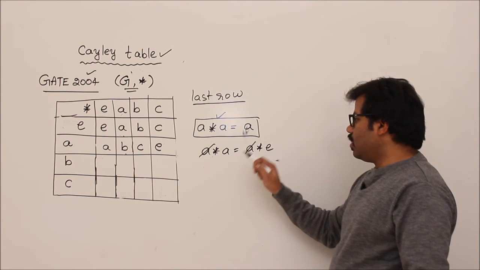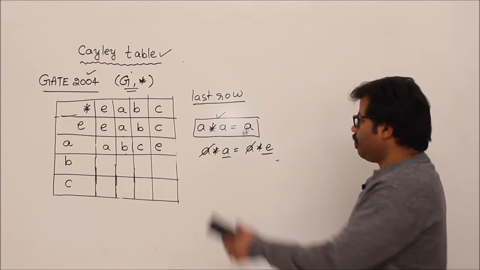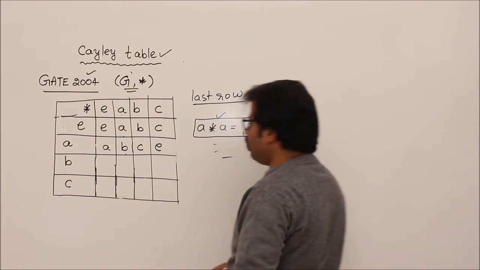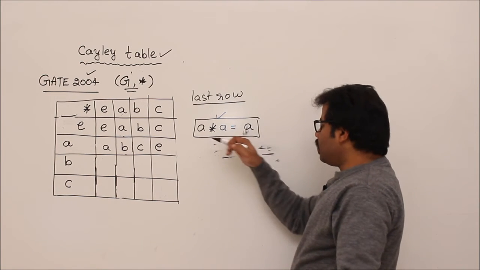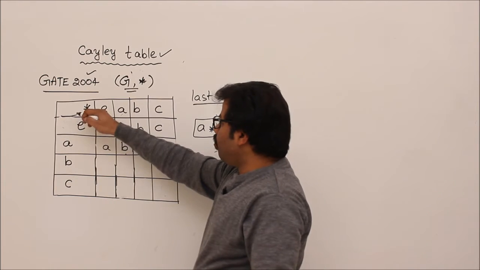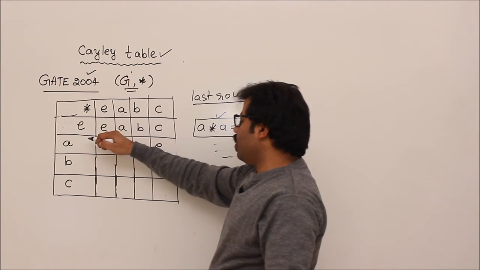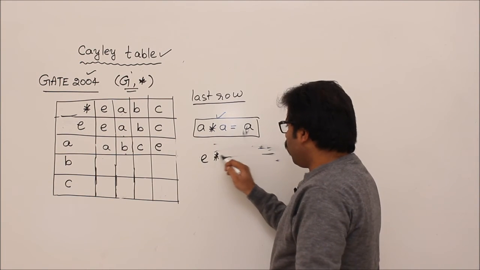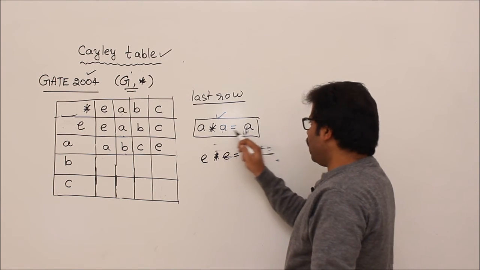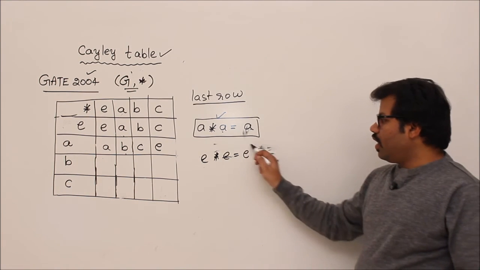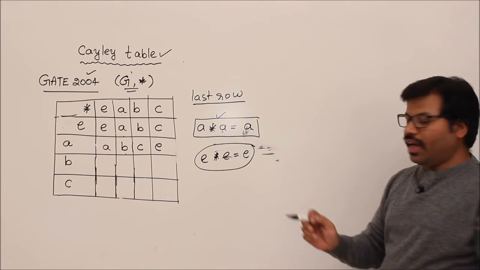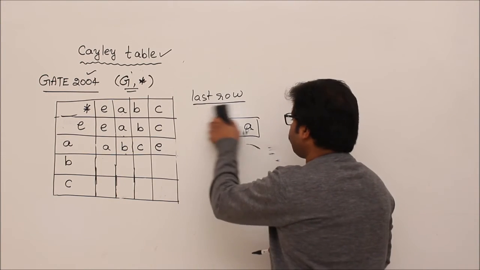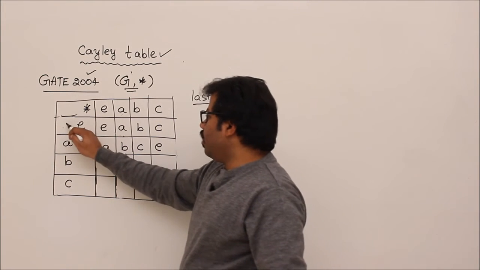Then left cancellation proves that A equals E. Now see the table and tell me whether this formula we can apply here. You see, E star E equals E. So E star E equals E, that means A star A equals A, both are the same, correct? So definitely E must be the identity element. Only for the identity element that happens, remember it. So I got the identity element.